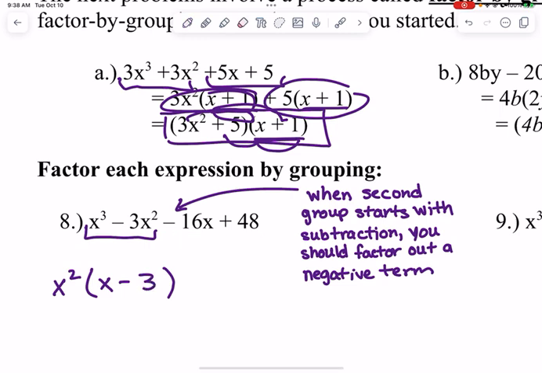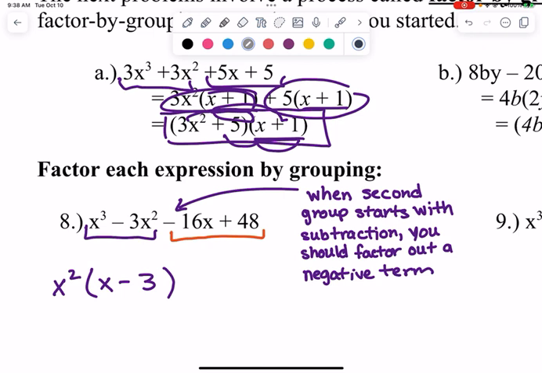Now if you look at your second group of negative 16x plus 48, when that second group starts with a negative or a minus sign, you should be thinking of pulling out a common factor that's negative, because we really want that expression in the second set of parentheses to be positive.